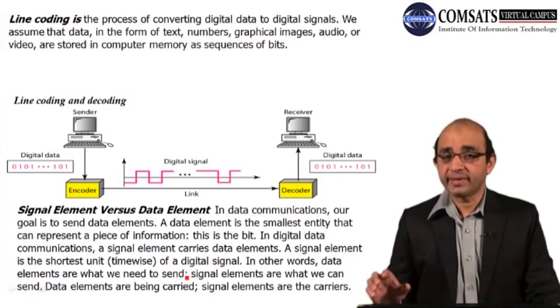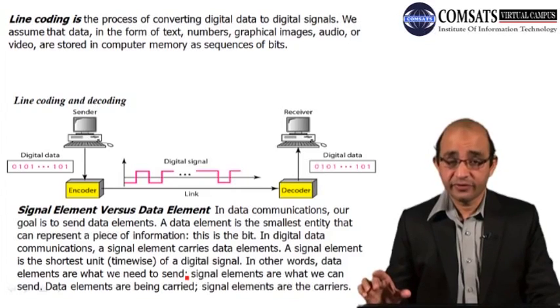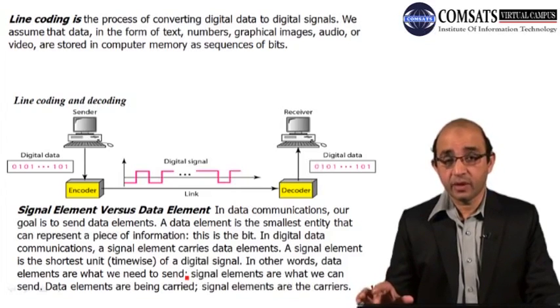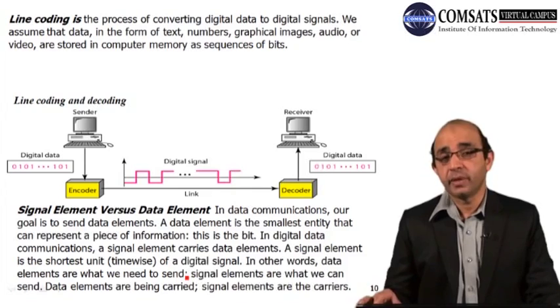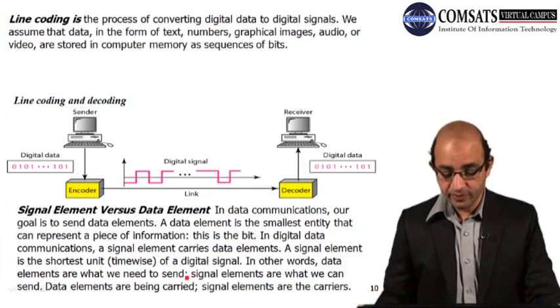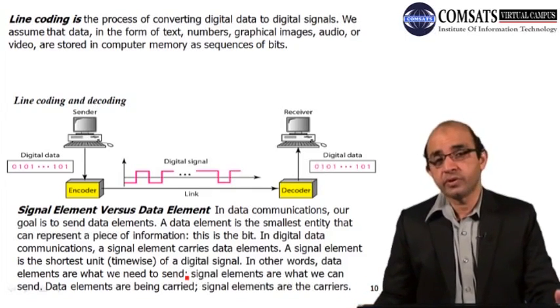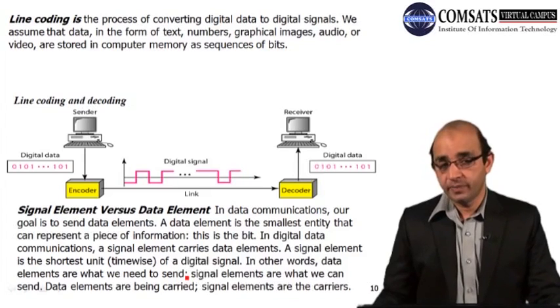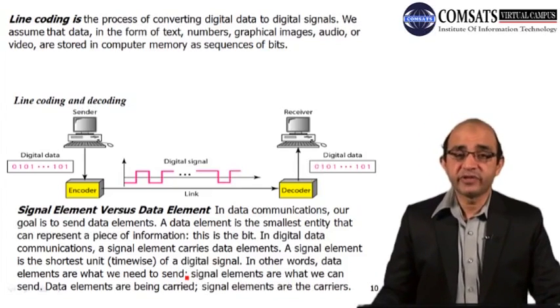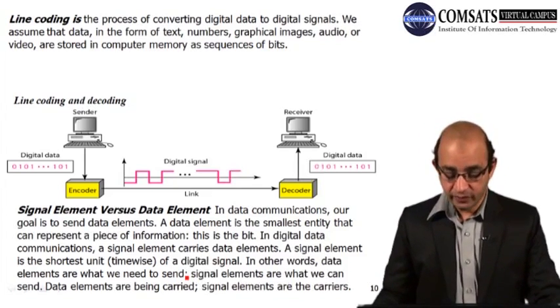A signal can accommodate 1 bit, maybe 2 bits, maybe more bits. So that is what we have to talk about: in one baud, how many bits we can transmit, or on the receiver side, how many bits we can receive in a single baud.